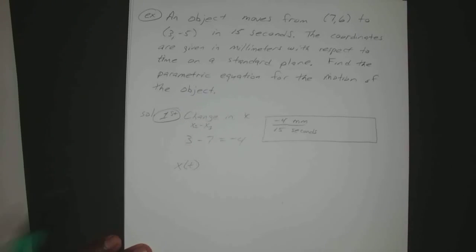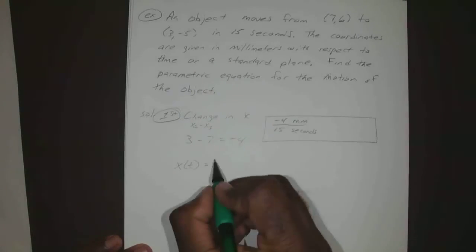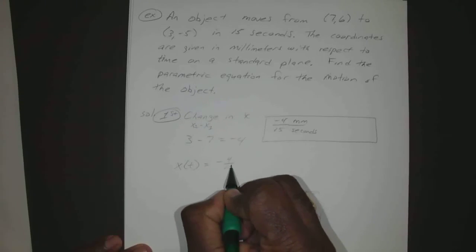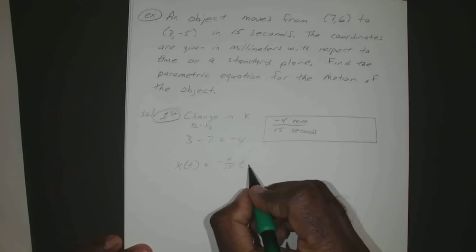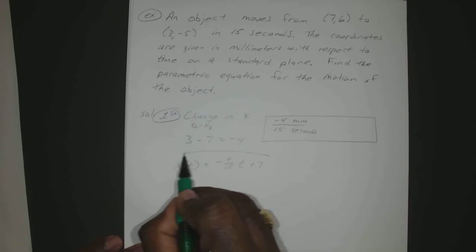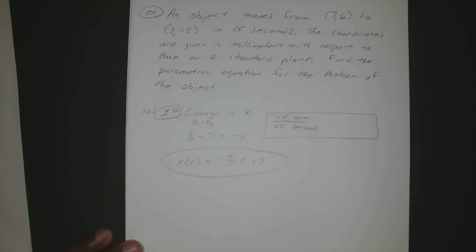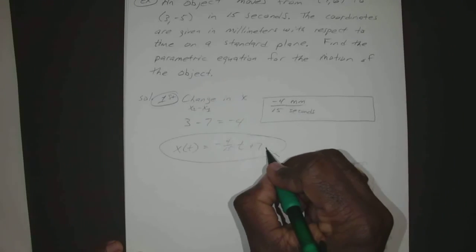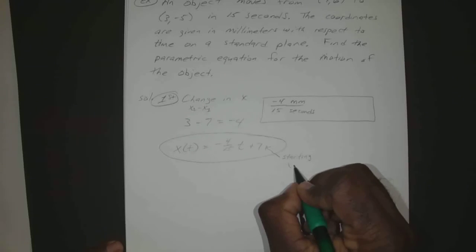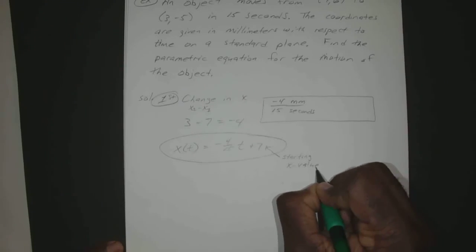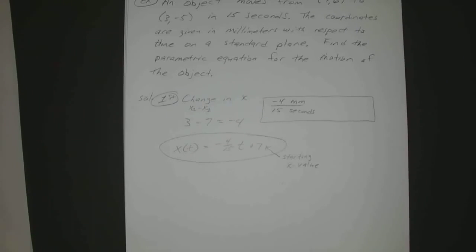That means your parametric equation for x is equal to -4/15 t, and we started at 7, so it'll be plus 7. That's your starting x value. And once again, we do the same thing for y.